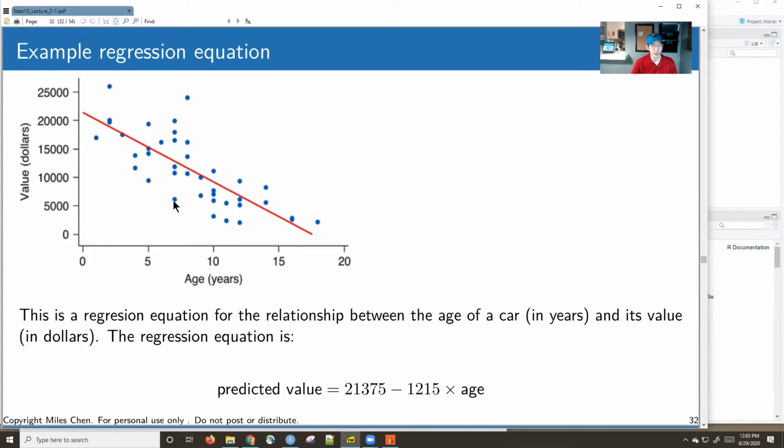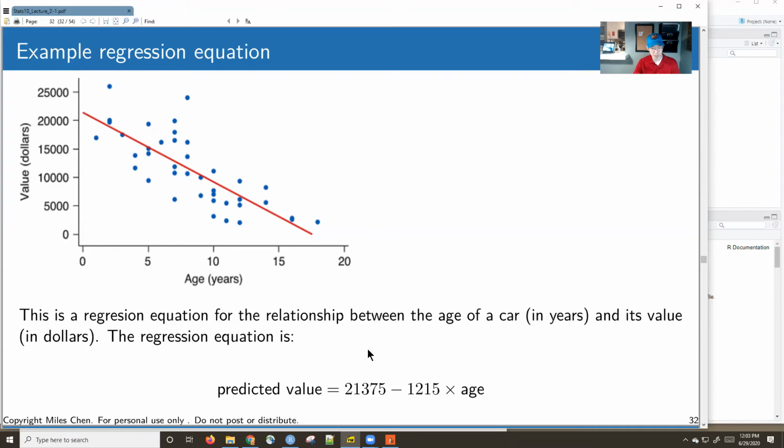Whereas if you're the seller, you want to sell your car higher than what the Blue Book says. You can say, my car is special and it should be worth more than this, right? But as far as the Blue Book value goes, it's useful to say this is what the overall trend should be.